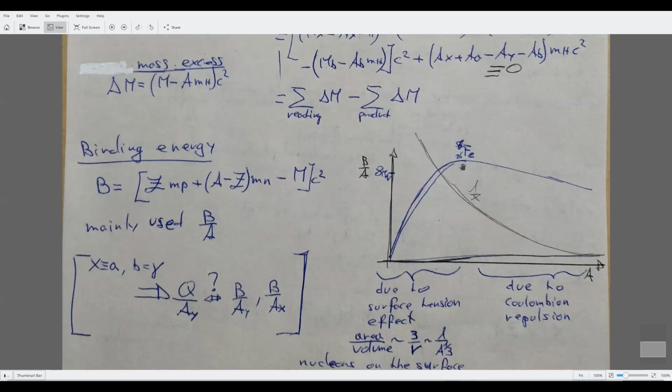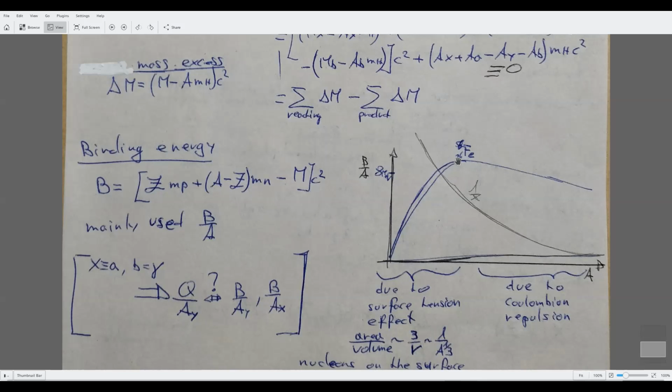You take the result of the fusion and the binding energy of the reactants. You subtract the binding energy of the reacting nuclei, and the difference gives you the Q value, the energy released per number of nucleons.